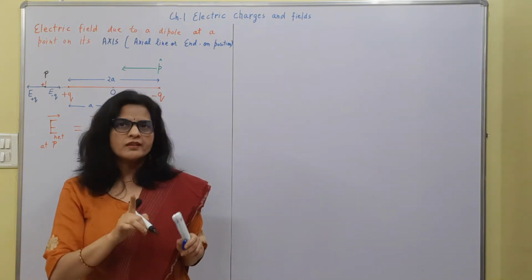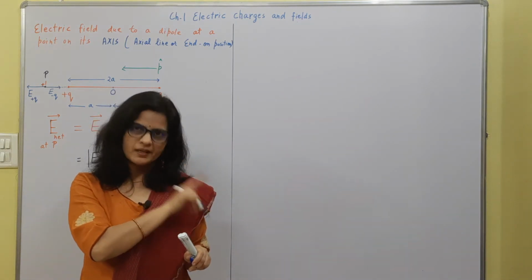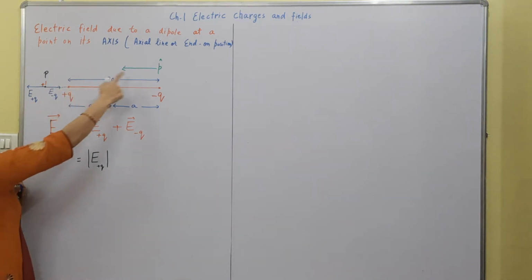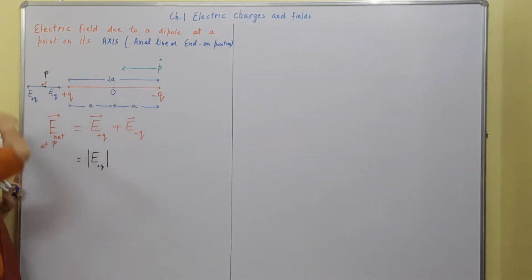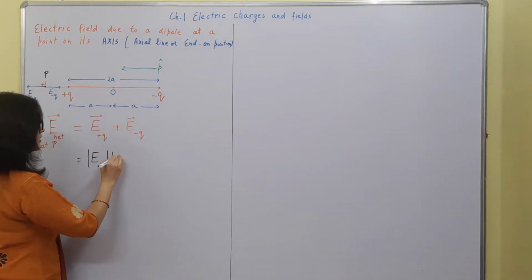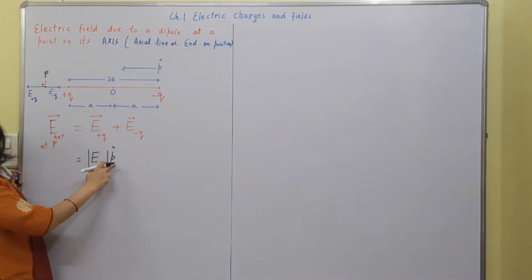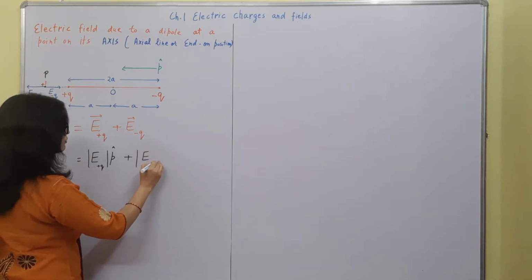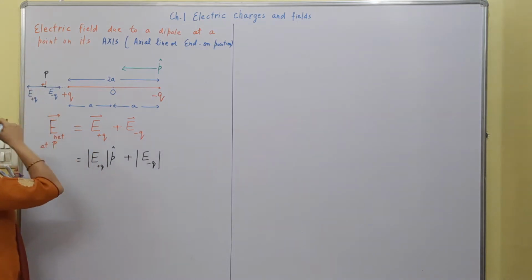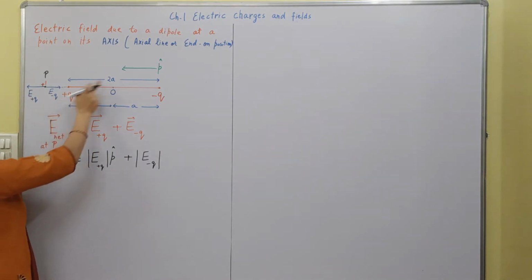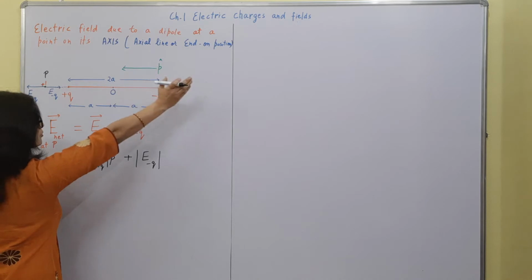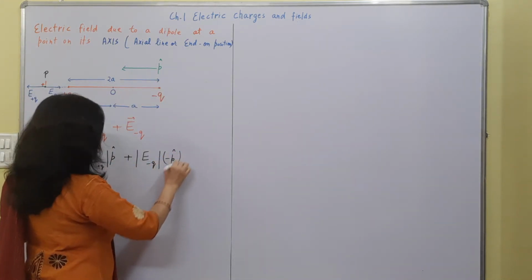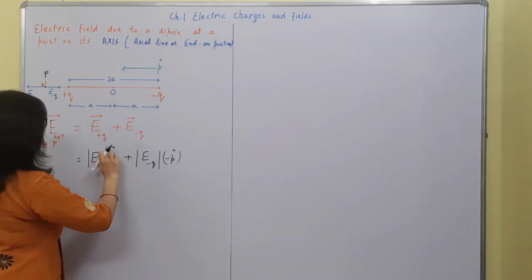So we'll mention all the directions with respect to the direction of the dipole. So we know that here the electric field due to +Q charge is along the P cap vector. So I will mention the direction of the electric field due to +Q as P cap, plus the magnitude of the electric field due to -Q and its direction. If this is the P cap direction, then obviously the opposite direction will be -P cap, right? So this is how we write it here.